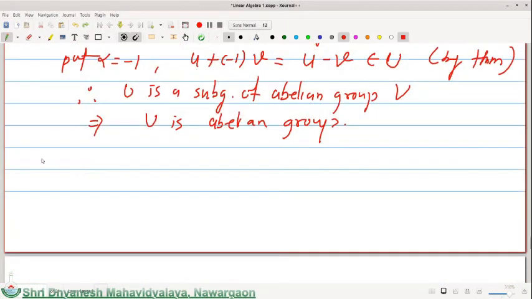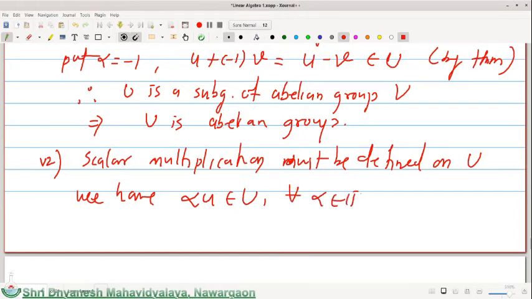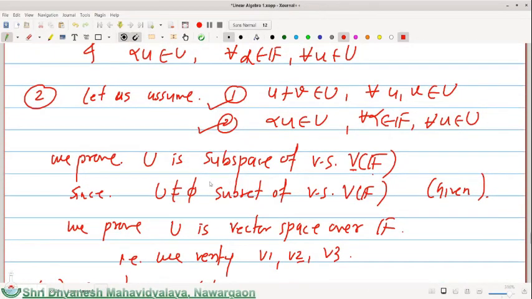Now we verify V2, that is, scalar multiplication must be defined on U. We have alpha into u belongs to U for all alpha belongs to F and for all u belongs to U, by number 2, this part.